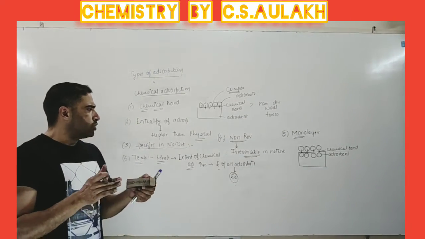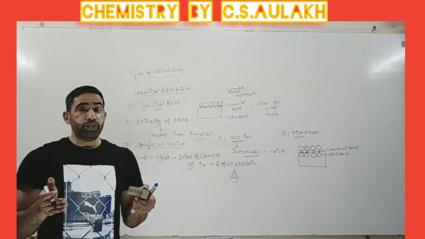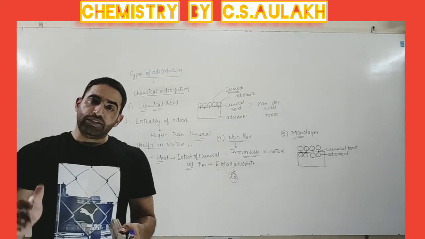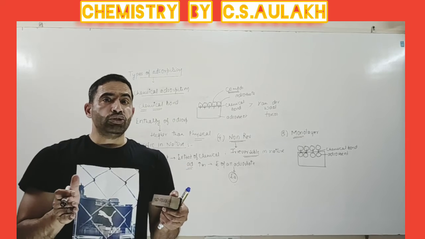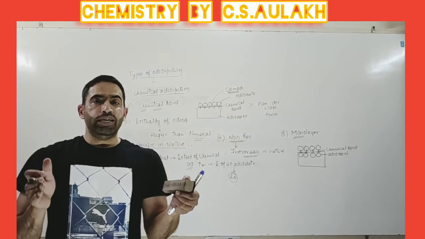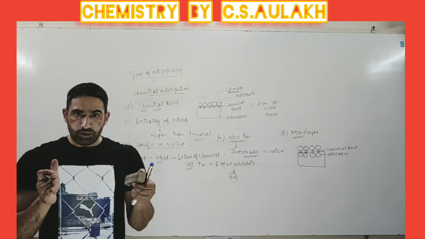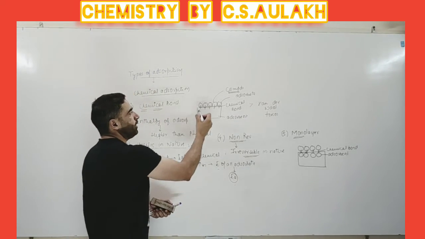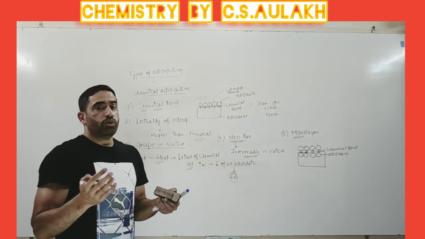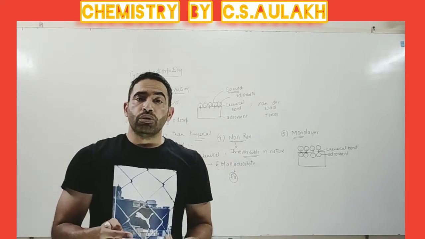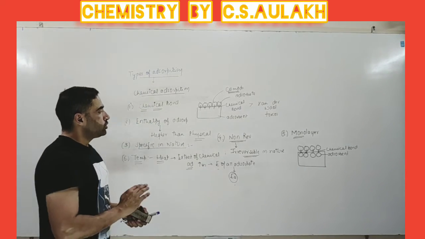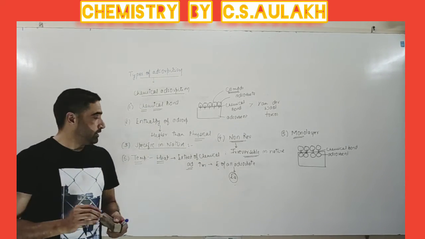If we further increase the temperature, the extent of chemical adsorption starts decreasing, because the heat supplied at this point starts decomposing the bond formed between the adsorbate and adsorbent molecule. Due to the breakage of the bond, decomposition of the compound formed over the surface of the adsorbent occurs. So the extent of adsorption starts decreasing here.